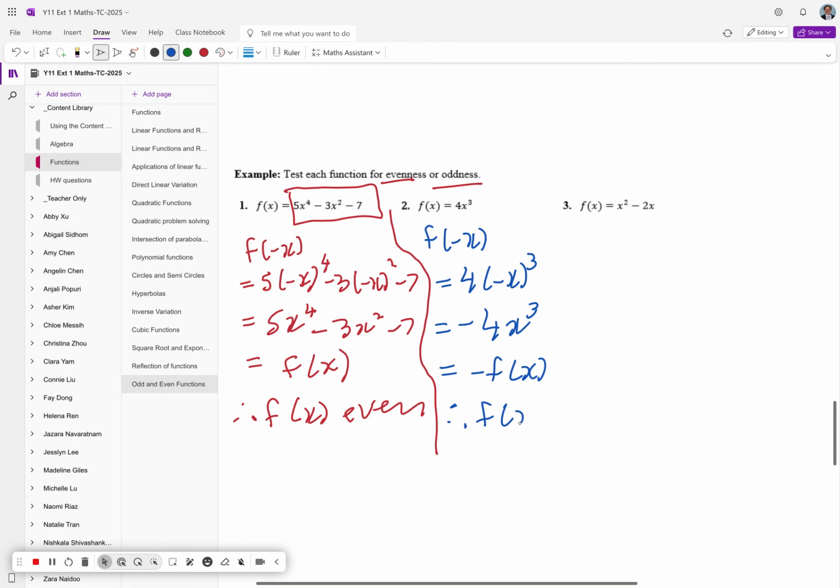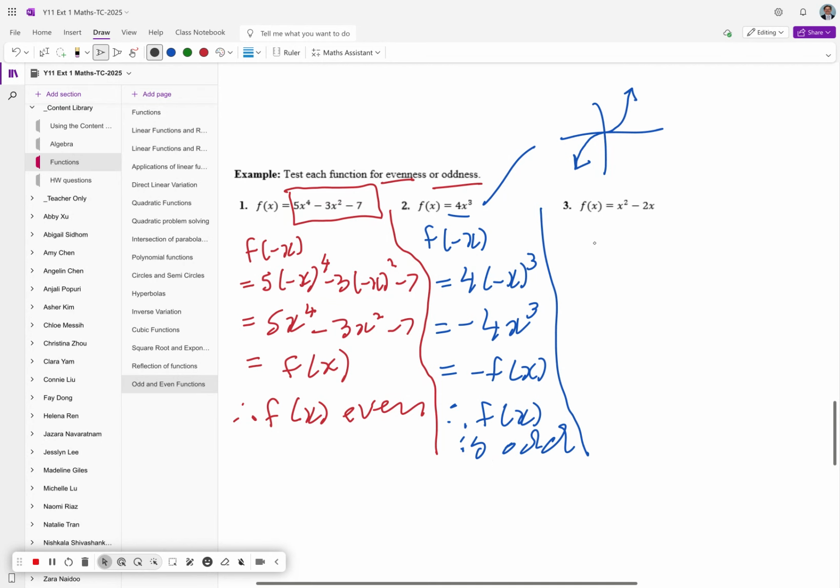So f of x is odd. You probably knew this was odd anyway, because if you did a quick sketch of this, you know it goes through the origin, so you know that it's odd just from the sketch. Okay, let's have a look at the last one.